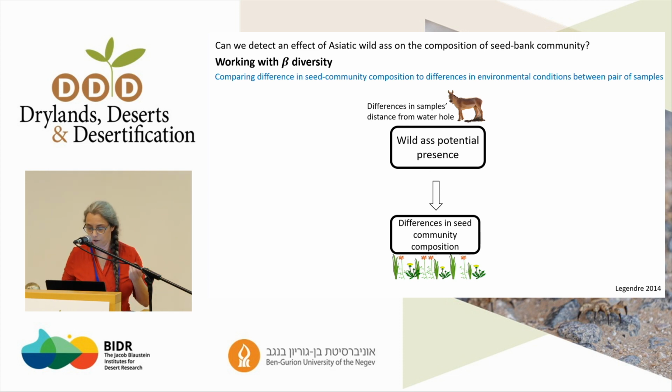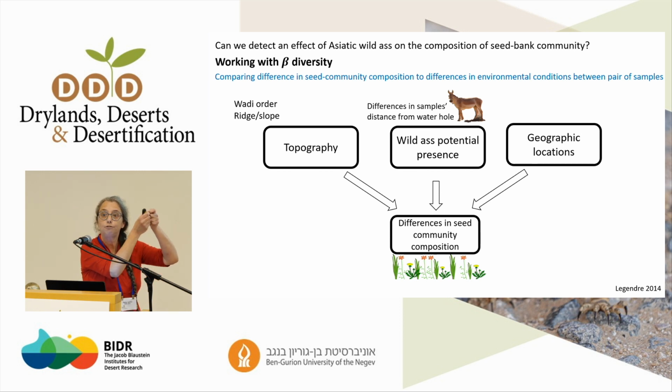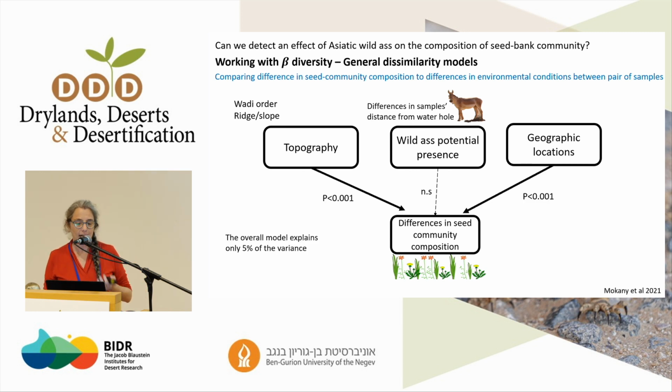But again, we know it's not the only thing that is affecting the story here. So we also added the geographic location, under the assumption that closer points will of course have more similar species in them. And we also added topography, because we saw topography definitely is affecting what you find in the desert. Again, we analyzed this using generalized similarity models.